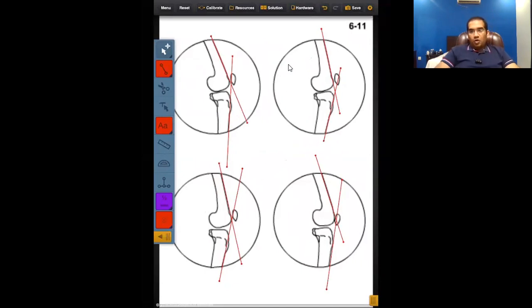How are we going to know whether this flexion attitude is because of bony abnormality or because of some soft tissue contracture? Let us draw a mid-diaphyseal line.